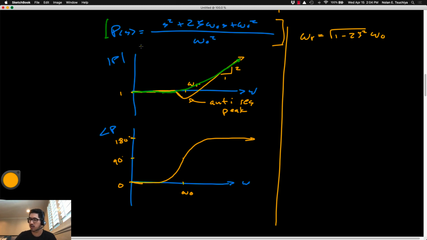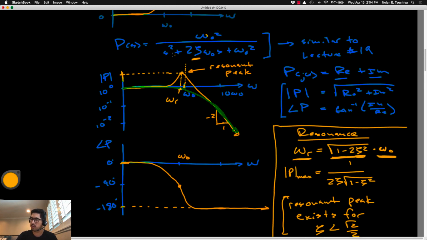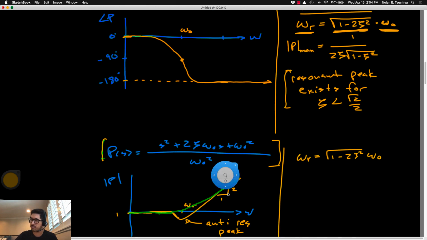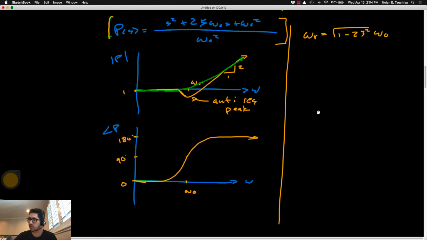It just depends on the nature of the transfer function. So if the second order polynomial is in the numerator, you're basically checking to see if there's an anti-resonant peak or not. If the second order polynomial is in the denominator, you're checking to see if there is a resonant peak or not. And the criteria is the same for both scenarios. You're checking to see if zeta is less than root 2 over 2.